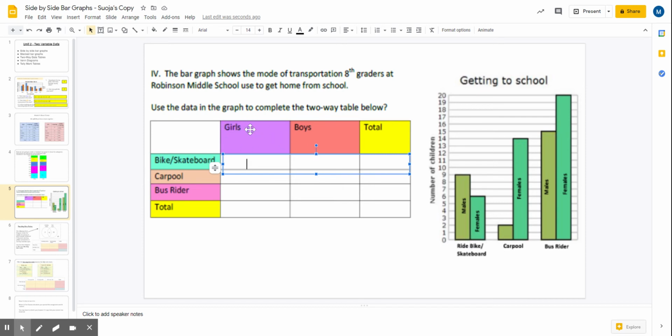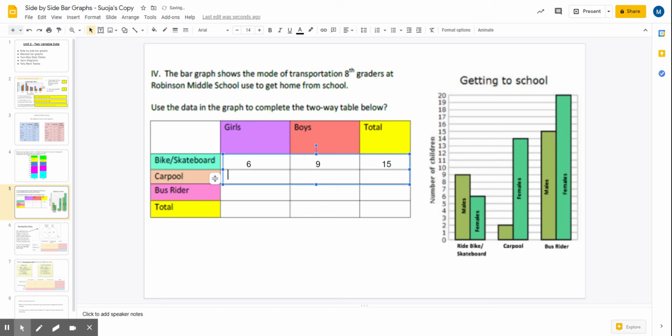All right, so we're looking for girls who bike or skateboard. All right, so girls who bike or skateboard is this column right here. And it goes up to 6, right? So we'll put a 6 there. All right, boys who bike or skateboard was 9. And then we're just going to add those two numbers up.